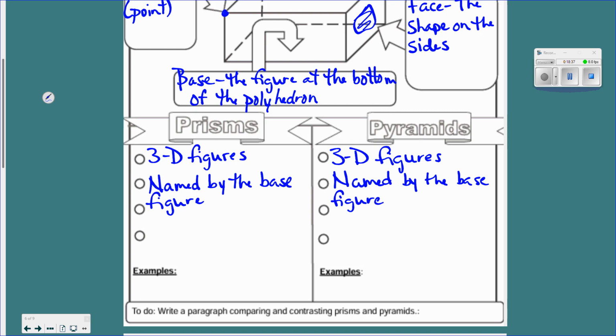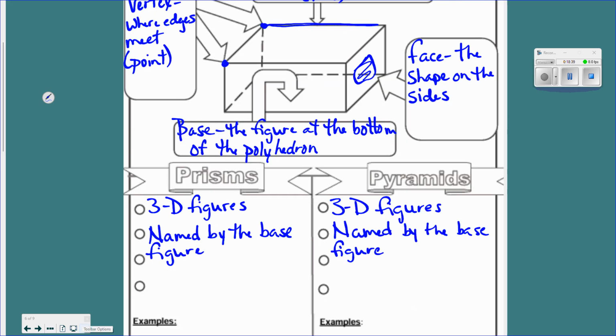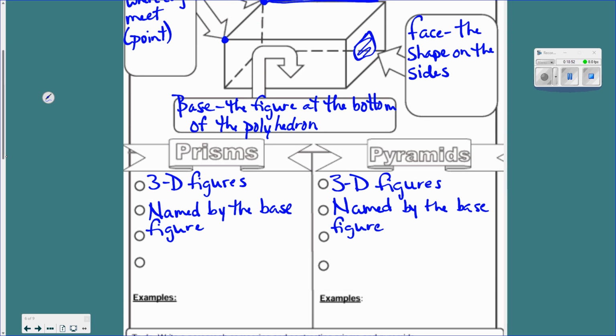Our next one is where we start to get into differences, and that is based on the sides of the figure. In a prism, such as the one we have pictured up here, if we call this our base, what kind of shape are these other sides? Rectangles. So the sides on a prism are rectangles.